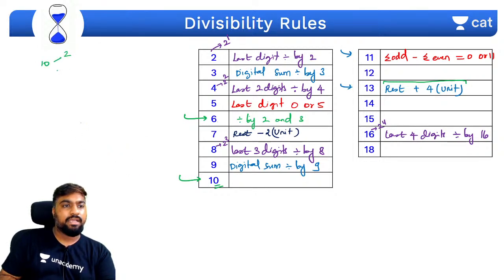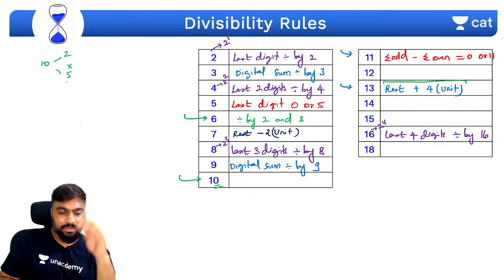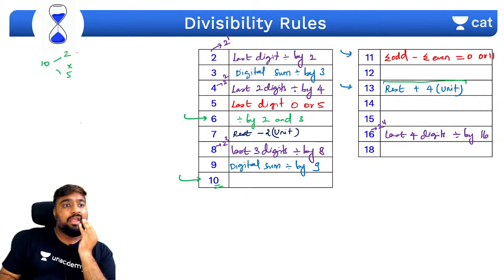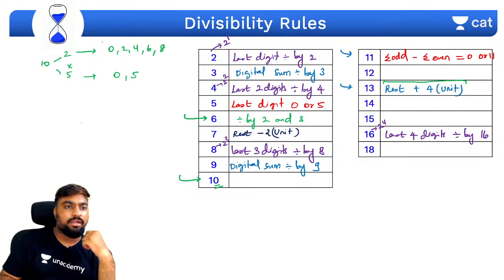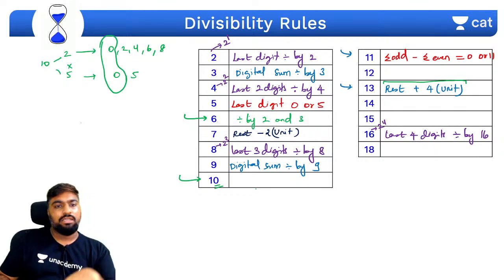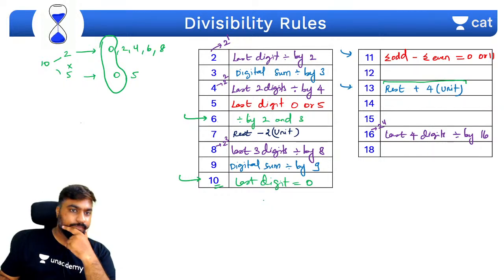It is divisible by 10. Yes, because 2 times 5 is 10, correct? Now the numbers that will end with when it's divisible by 2 is what? 0, 2, 4, 6 and 8. With 5 it is what? 0 and 5. So 5 is not common, what is common? Only 0. That's why last digit must be equal to 0.